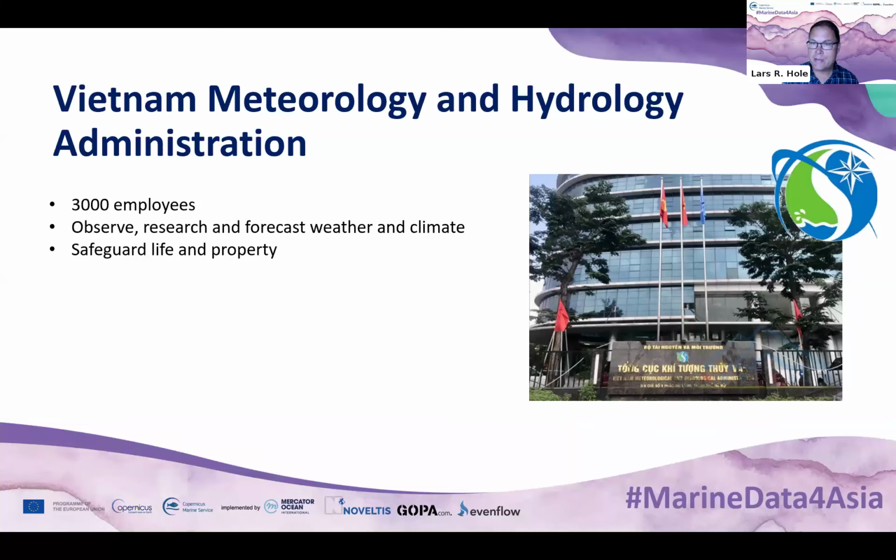They have about 3,000 employees, and they do observations, research, and forecasting of weather and climate. Their main task is also to safeguard life and property. Norway and Vietnam have a lot in common: we have long coastlines and a lot of activity at sea, near coast and offshore.